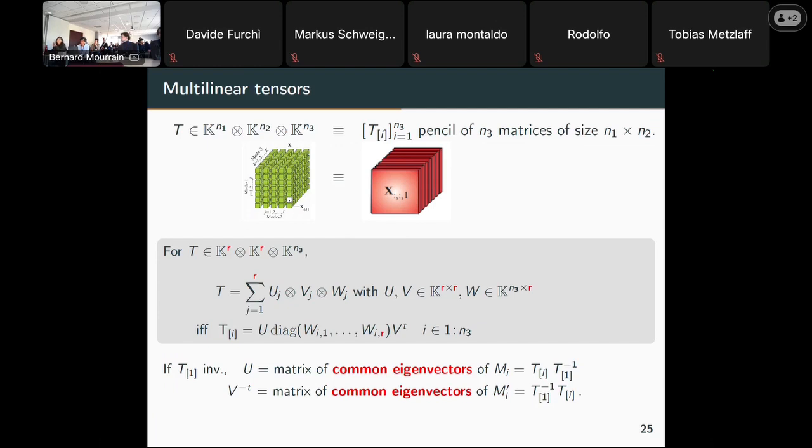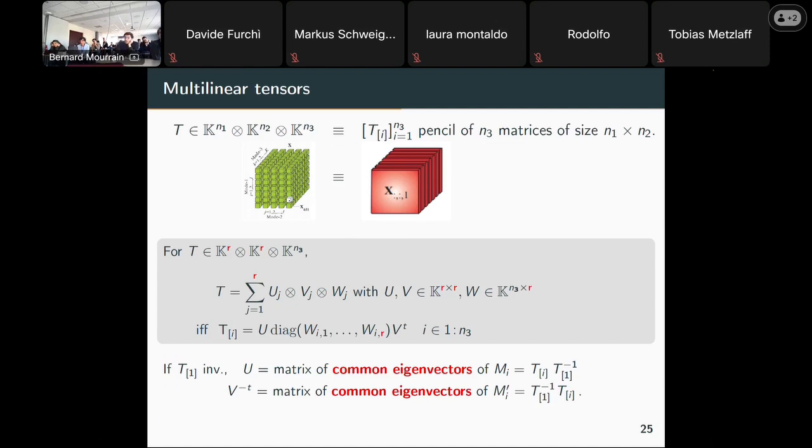You're assuming that you're in a case where the flattening has the same rank as your tensor. Yes, I'm saying for T such that we have this. You just do the computation, expand, and see that it's this factorization in terms of matrices.